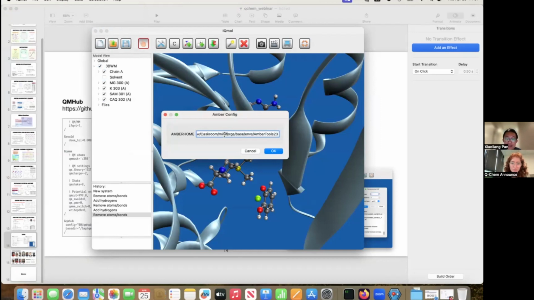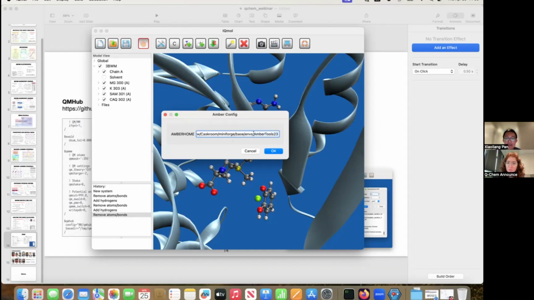Because AmberTools has a Conda version, I think that's probably the easiest way to install it. You just need a Conda environment, then you just conda install AmberTools. I think it's in the Conda Forge channel, and it supports most of the platforms.